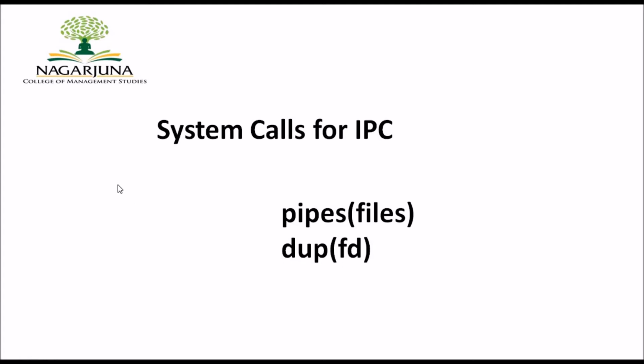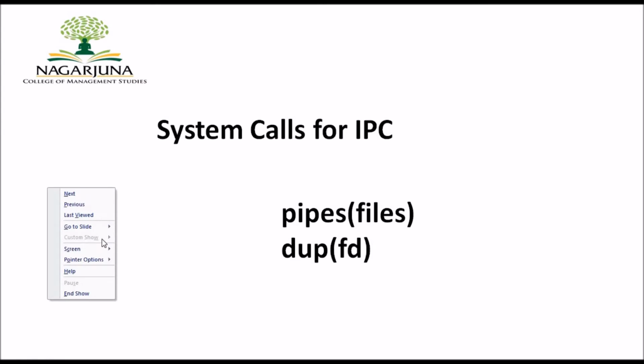Say for example, I have a file called ABC, and the information of ABC is stored in FD. Now using DUP, I create one more file descriptor called FD1, which holds the same information that is present in FD. So DUP creates a duplicate of an existing file descriptor with a new file descriptor, but it refers to the same file.